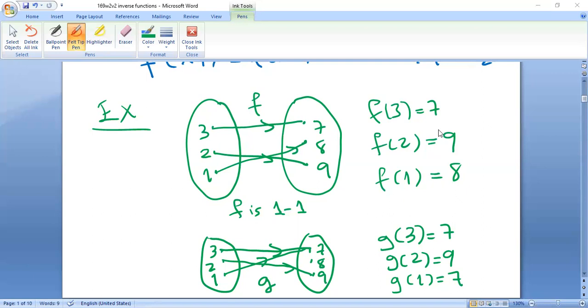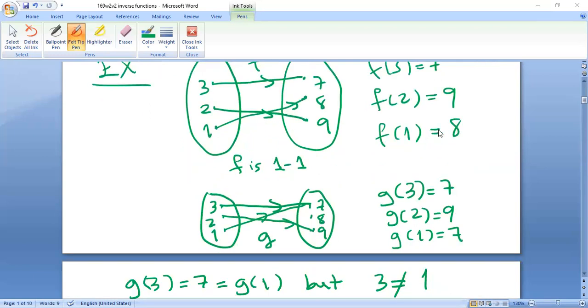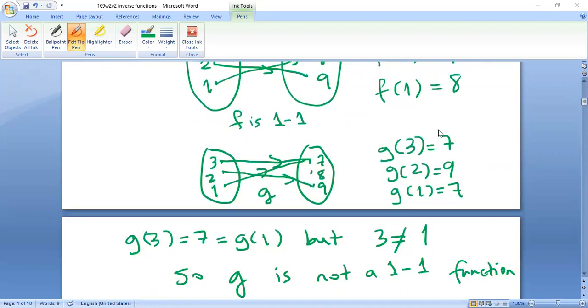But let's give another example for a function which is not one-to-one. Take the second one. We call this function, let's say g. Again, we have the same sets. So g takes 3 to 7, and g takes 2 to 9, and g takes 1 to also 7. So then what happens here?